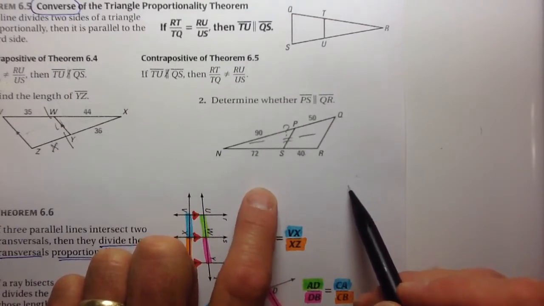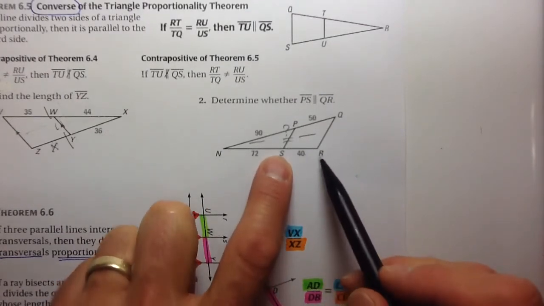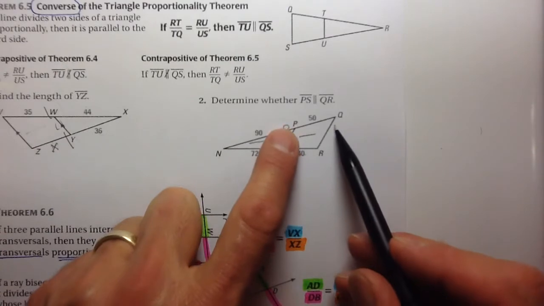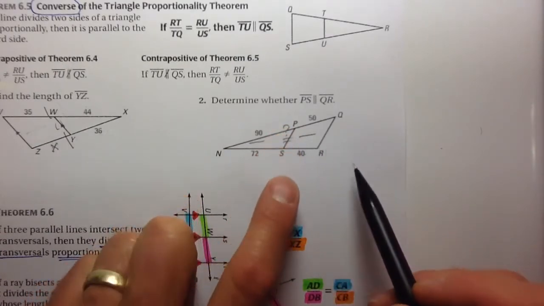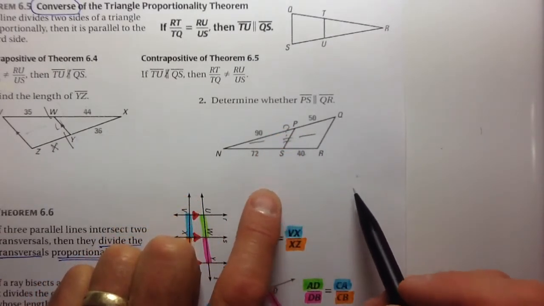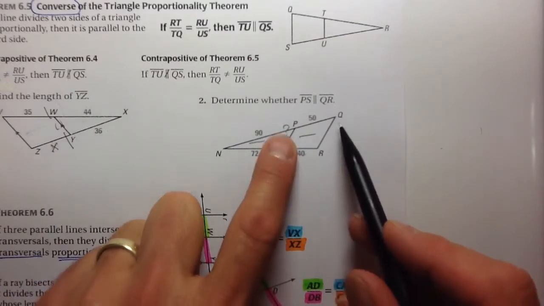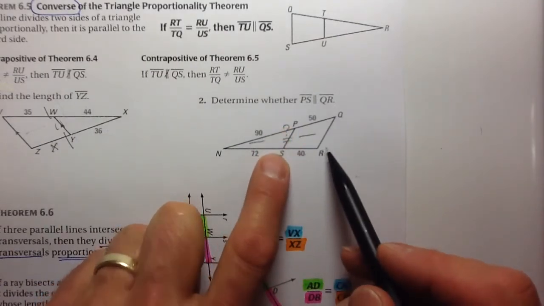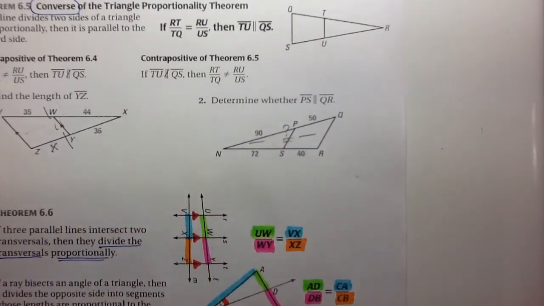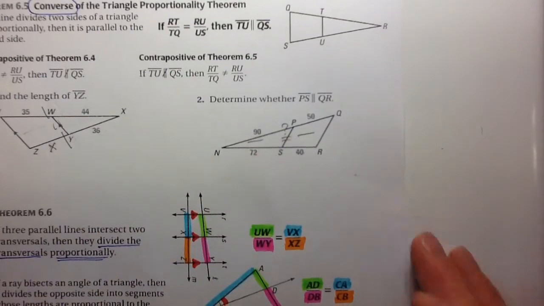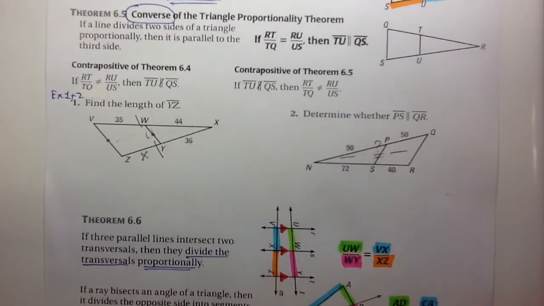So if those ratios are equal to each other, then it tells us for sure that these two line segments are parallel. If those ratios are not equal to each other, then these two segments are not parallel. Okay? Go ahead and pause the video and do those two problems, if you would.